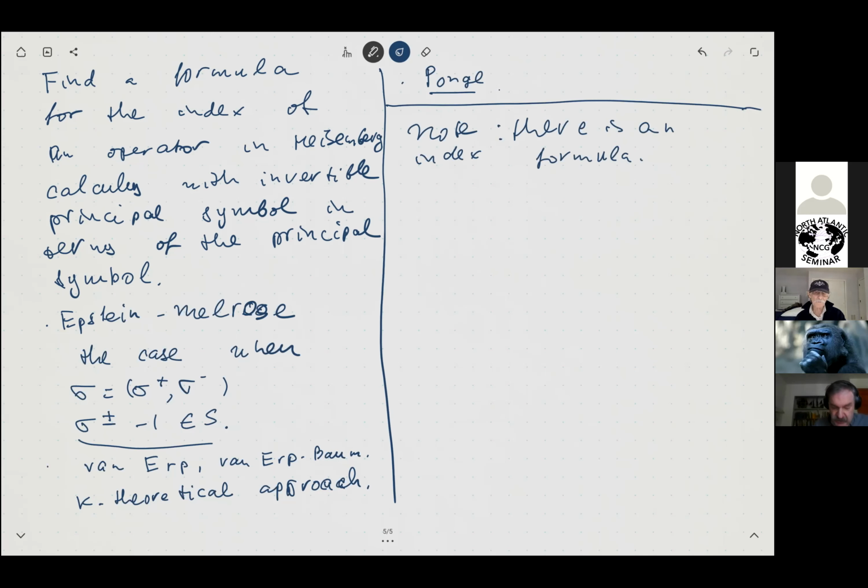Namely, if one considers the algebra of complete symbols, one can write a cyclic cocycle on it. Let me call it chi, to be very local notation.